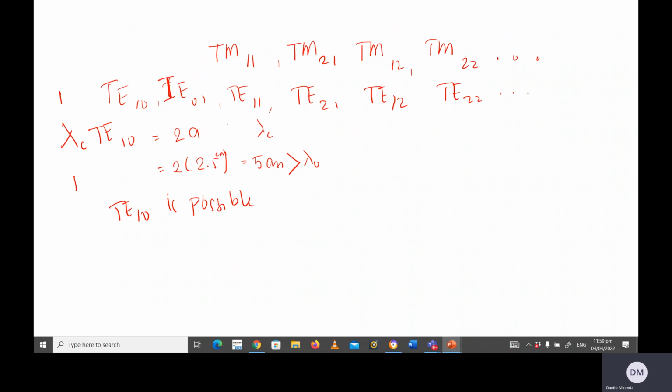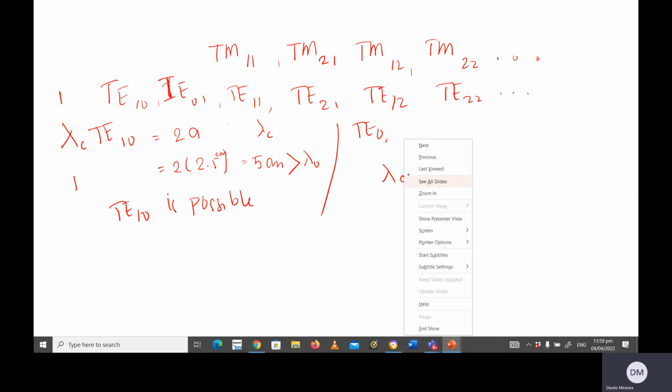Okay, how about the TE01? TE01 mode. Okay, so TE01, so the cutoff wavelength for TE01 is 2B, 2B.